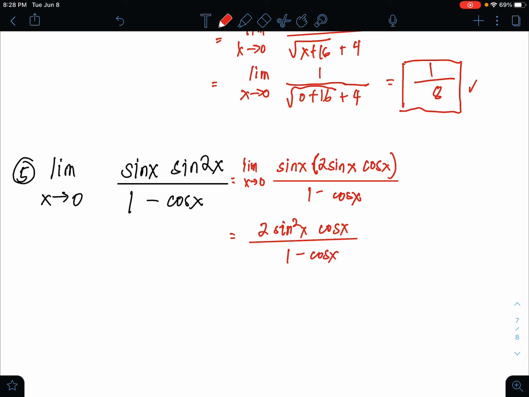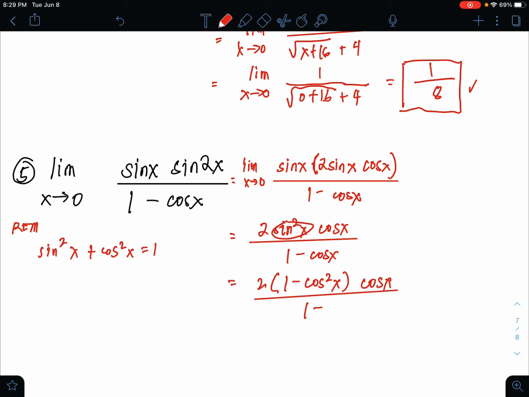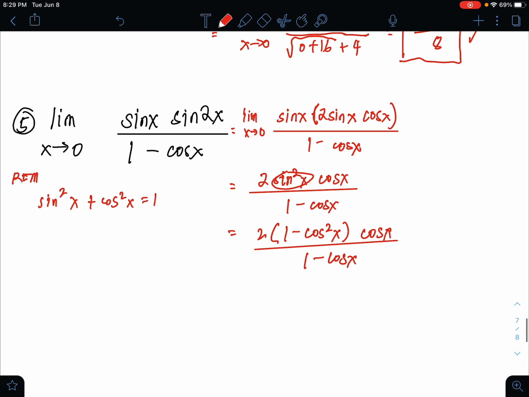Remember that in trigonometric identities, sine squared x plus cosine squared x is equivalent to 1. Here we have sine squared x. Let's manipulate that one. Its equivalent is 1 minus cosine squared x, over 1 minus cosine of x.